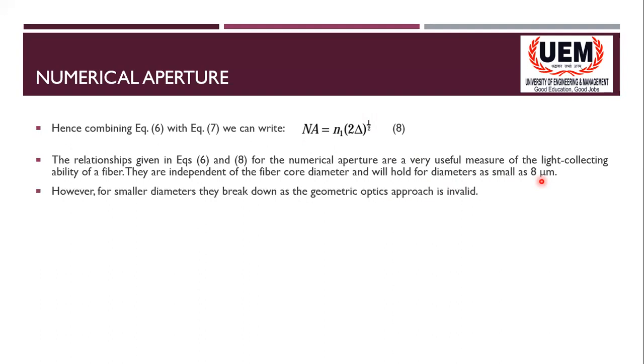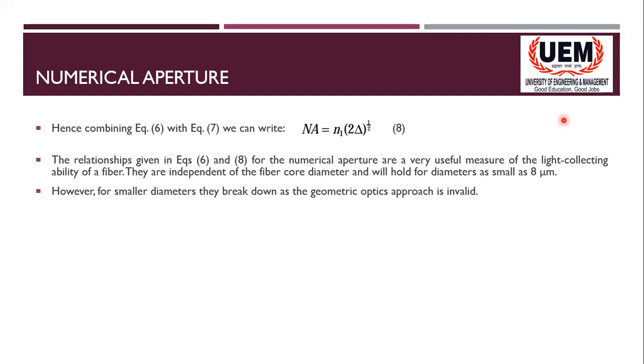However, if we try to achieve smaller diameters for the fiber optic core using the ray transmission model, it becomes very difficult, because using the geometrical optics that we have used in the ray transmission model, it becomes difficult for us to design using these parameters below 8 micrometer diameter.